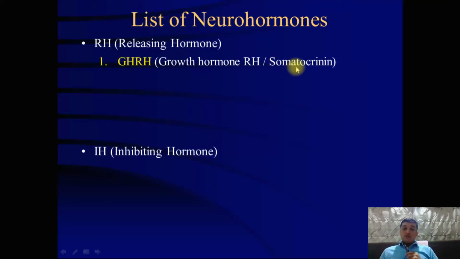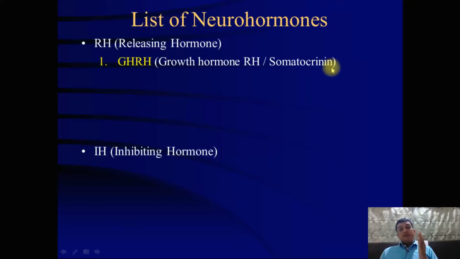You can also call it somatocrinin, because somato, soma, refers to body. Growth hormone is the hormone which stimulates body growth, and crinin, the IN, refers to peptide. Remember that all these neurohormones released from the hypothalamus are either protein, peptide or glycoprotein.